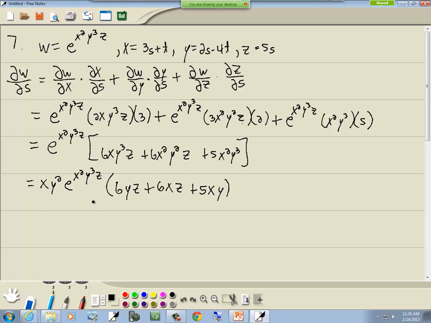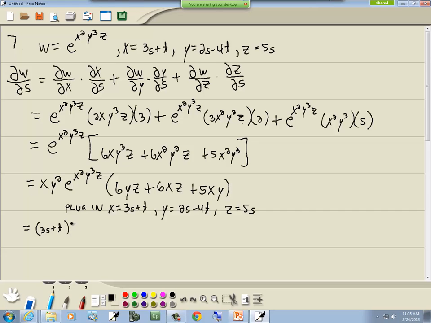But if we want to put everything back in terms of s's and t's, we would now plug in x is equal to 3s plus t, y is equal to 2s minus 4t, and z is equal to 5s. And I will plug them in, but I won't actually simplify it. So x is 3s plus t times y squared.